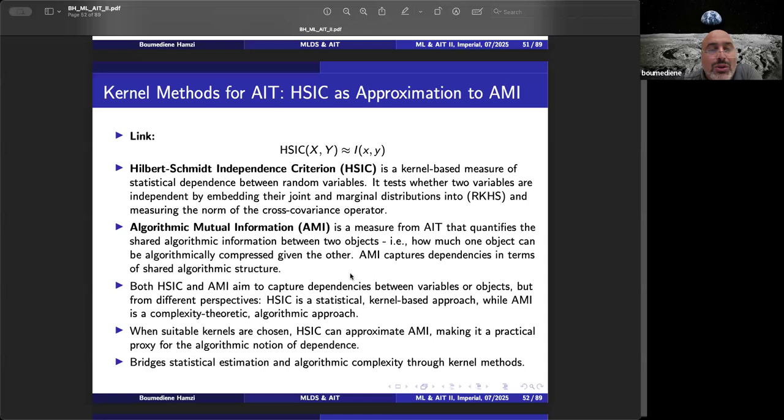Intuitively it seems natural: both aim to capture dependencies between variables or objects, but from different perspectives. One is statistical and kernel based, and the other is complexity theoretic, coming from AIT. So when good kernels are chosen, HSIC can approximate AMI, making it a practical proxy for the algorithmic notion of dependence.